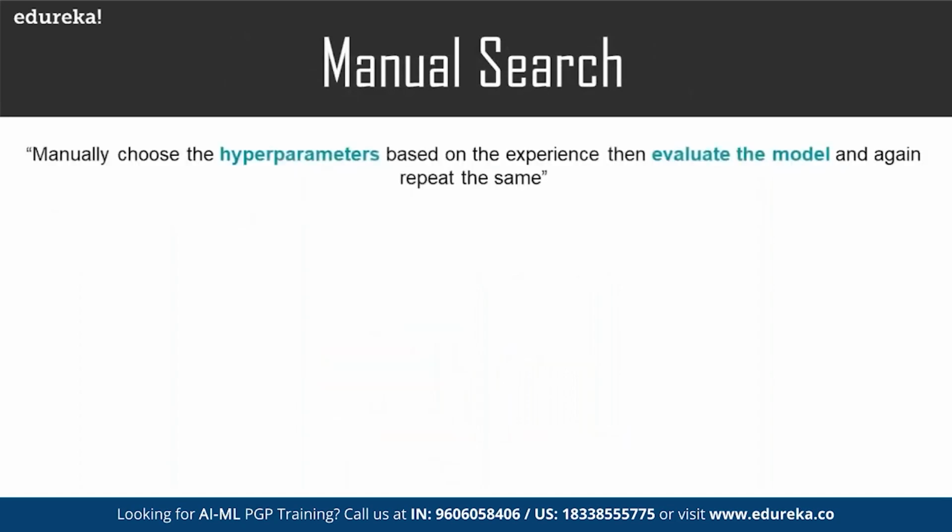As we go on in the further slides, let's see that. So manual search here: we manually choose the hyperparameters. How we go about doing that is based on the experience that machine learning practitioners get.